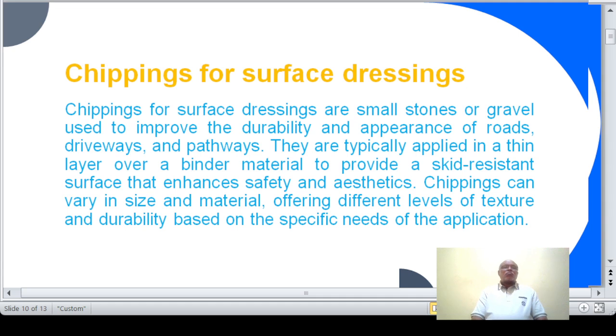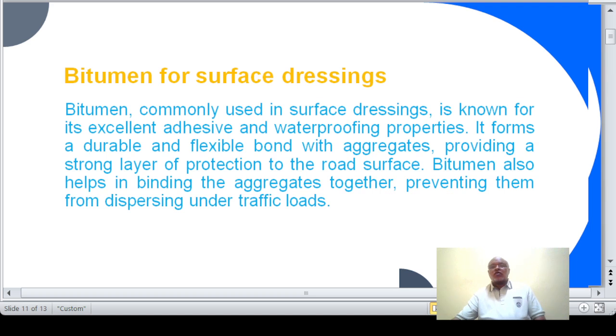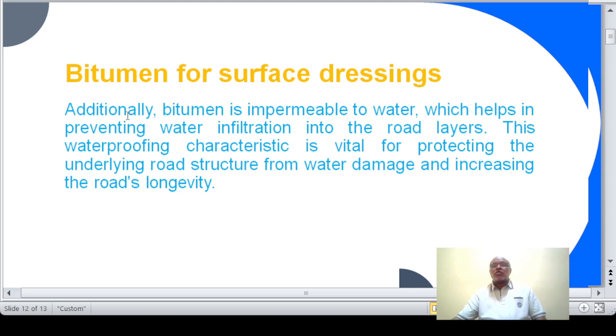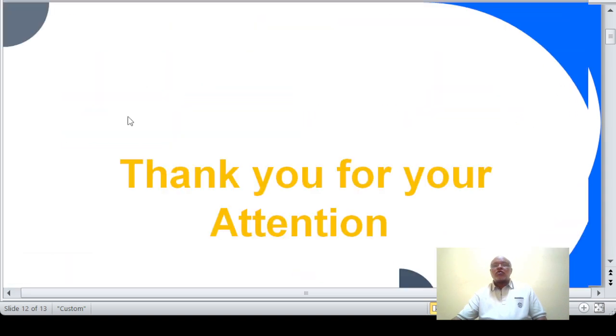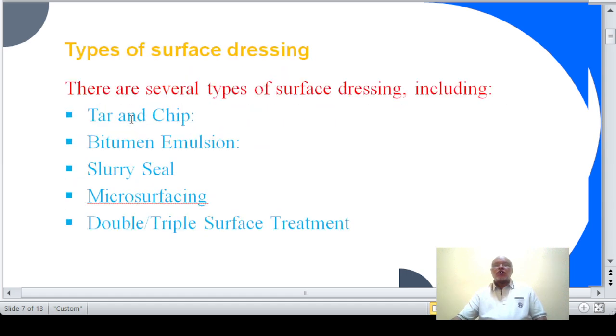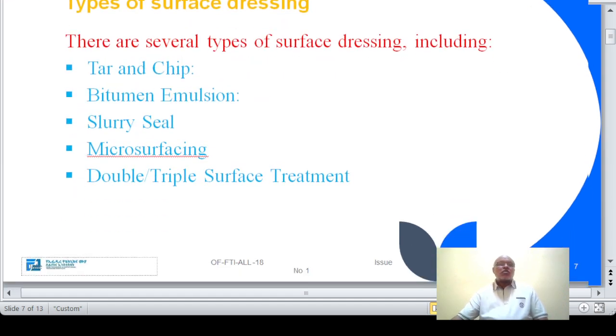There are basically two types of pre-treating chippings. The first one is spraying the chippings with a light application of creosote, diesel oil, or kerosene at ambient temperature.